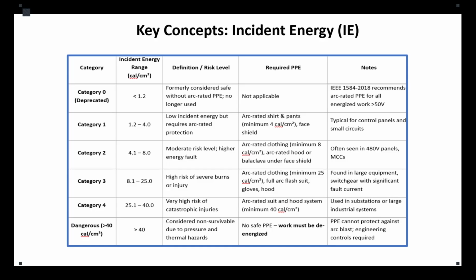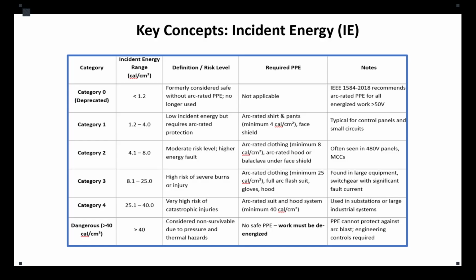We said that the unit for this quantity is calories per square centimeter. This is a thermal energy unit, not electrical, and it directly relates to how much heat your skin or clothing will absorb during the arc flash at a certain distance.